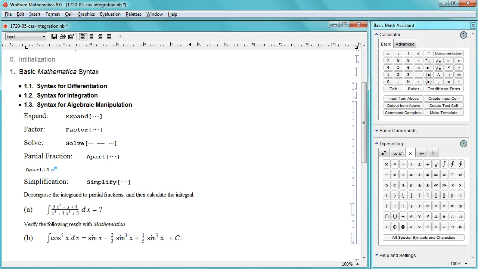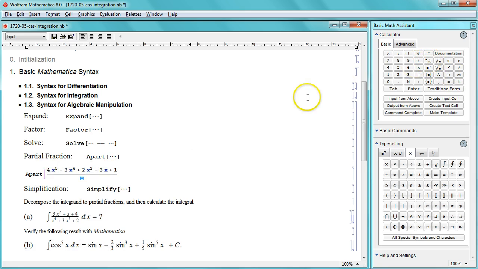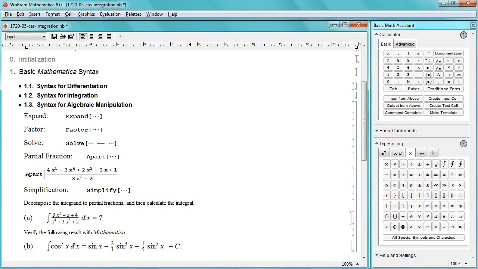4x, let me just cook up something, to the 5th power minus 3x to the 4th power plus 2x squared minus 3x plus 1 over 3x cubed minus 2x squared plus 5x minus 2.